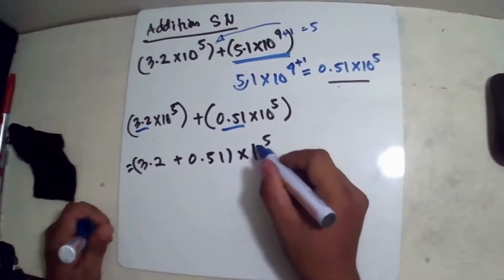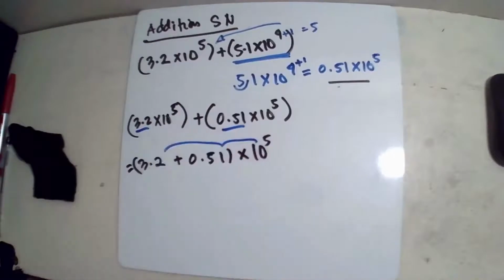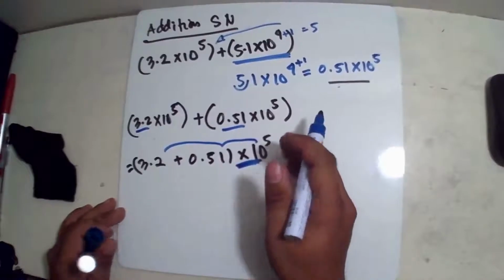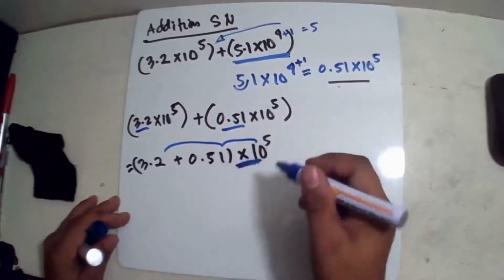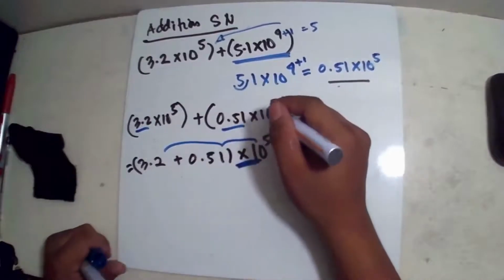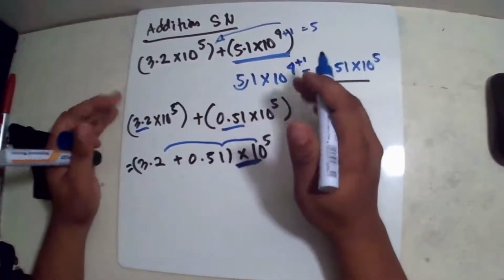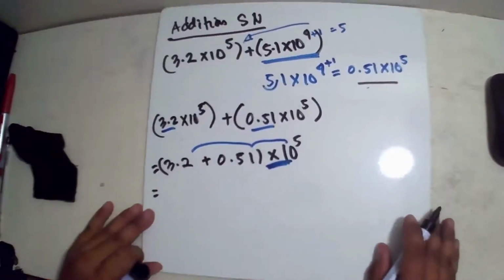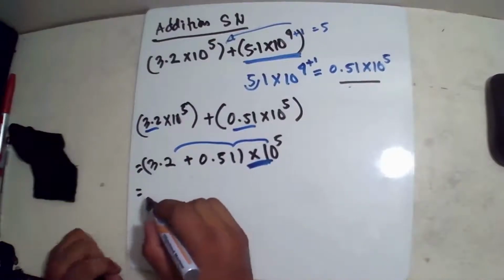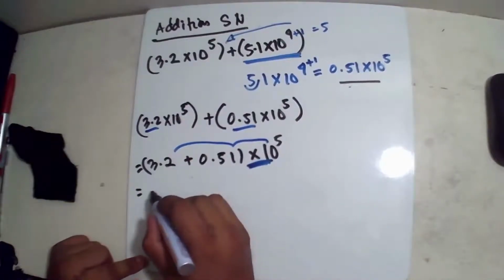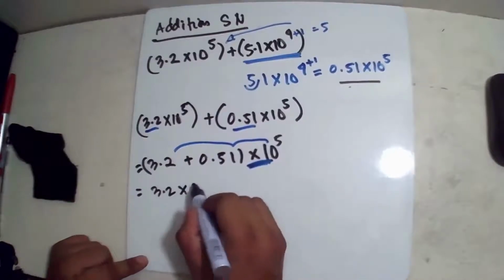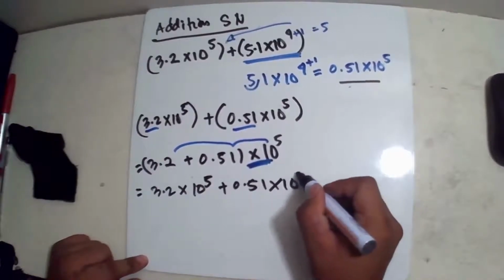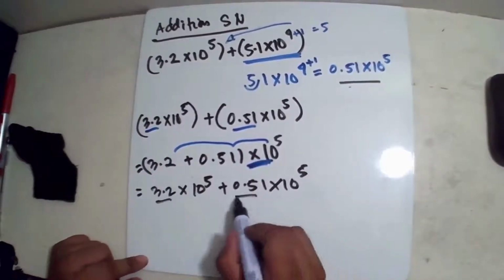Now do not multiply this into that term, because this is just an exponent showing that we can express it like this. We can exclude the exponent because they are just the same. Or for you to understand it well, we can also express this as 3.2 times 10 to the 5 plus 0.51 times 10 raised to 5, and add this value.